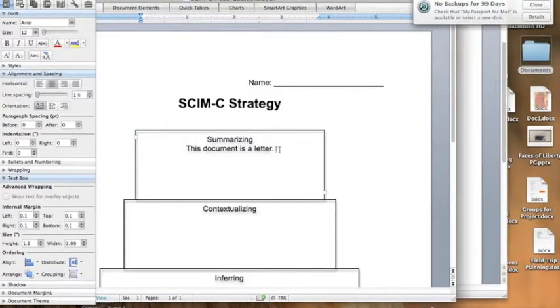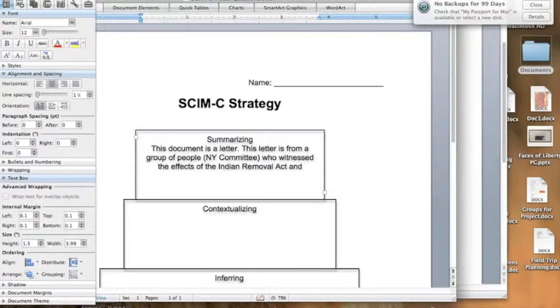So right here I'll say, this letter is from a group of people, the New York Committee, who witnessed the effects of the Indian Removal Act and wanted to help the Cherokee Nation.